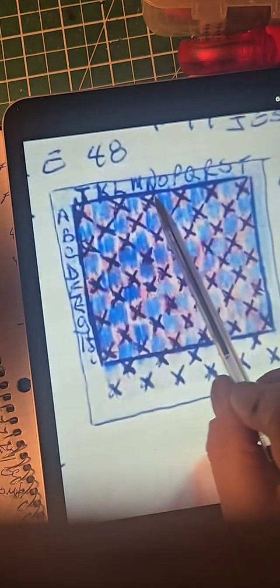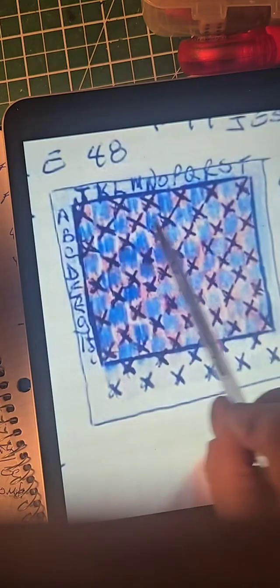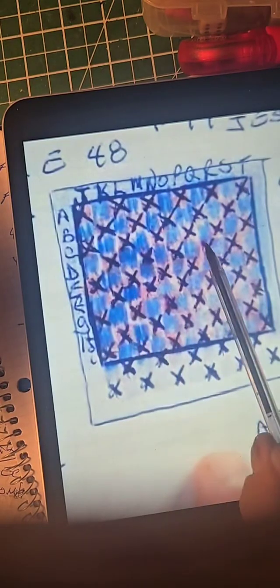Okay, so what this is: 1, 2, 3, 4, 5, 6, 5, 6, 5, 6, 5, 6, 5. 1, 2, 3, 4, 5. 5 by 6 equals 30.